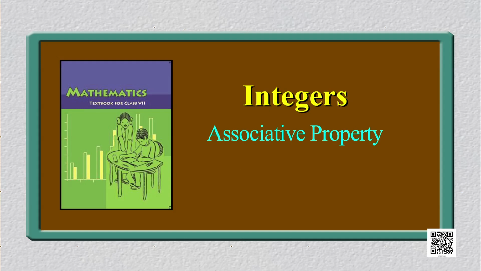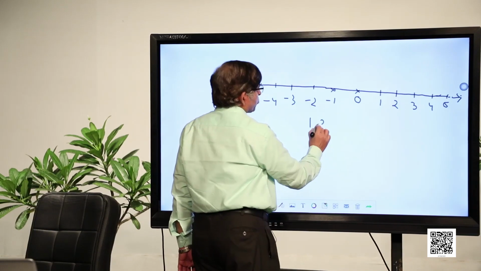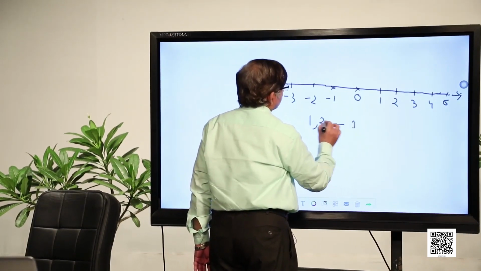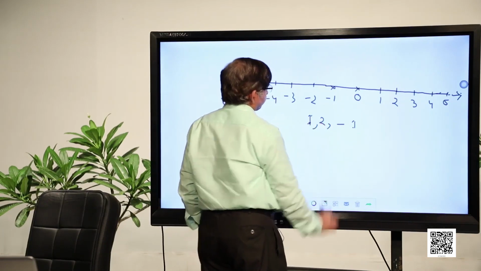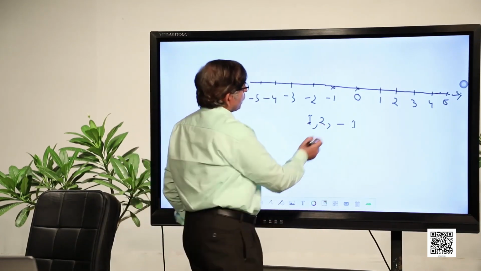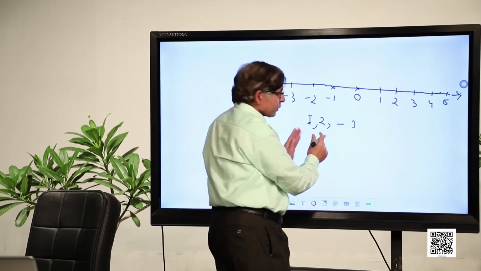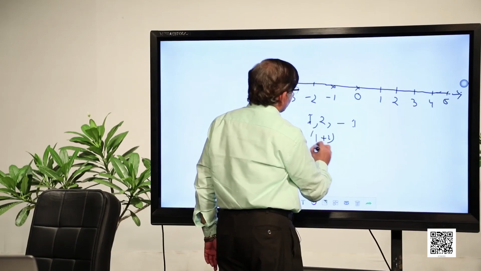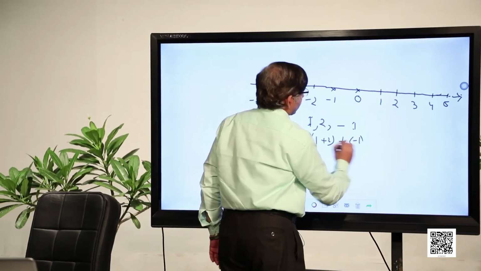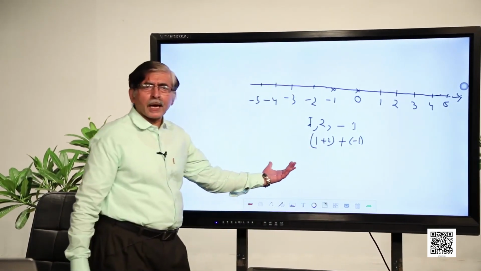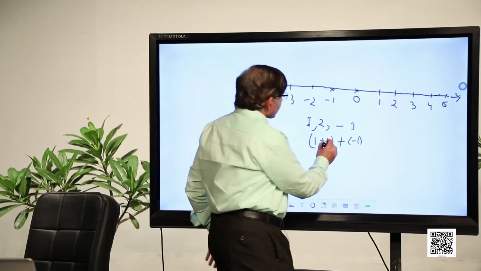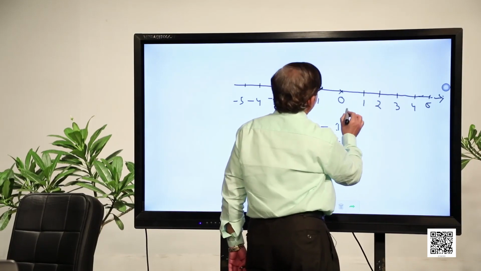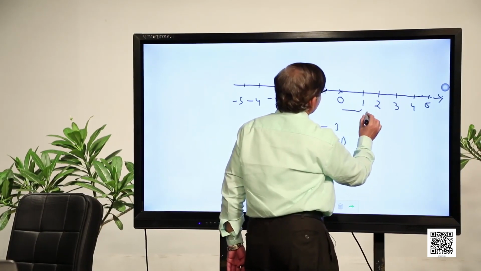Suppose we take numbers like 1, 2 and -1. First we will take the addition of 1 plus 2, plus -1. This we will see with the help of the number line. So, 1 plus 2: this is our 1 and this is our 2.